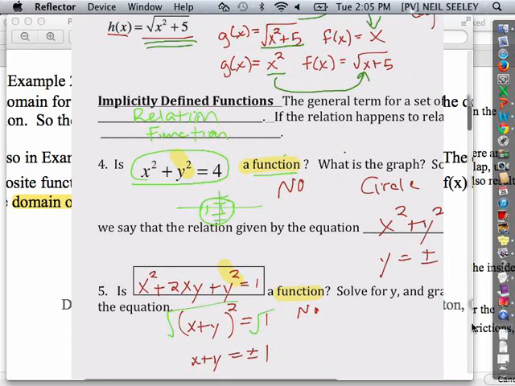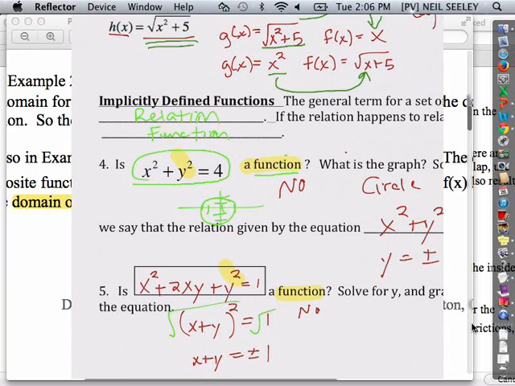And that tells you that for a given x, you're going to do plus 1, and another one you're going to do minus 1. You're going to have 2 outputs. That's not fun. So y equals plus or minus 1 minus x. This gives you 2 results for every single x you put in there. That's no fun.